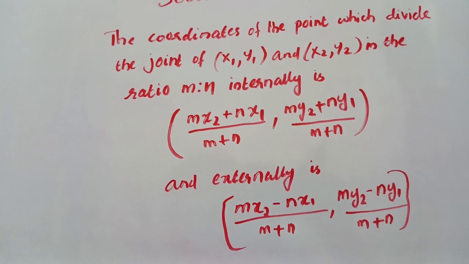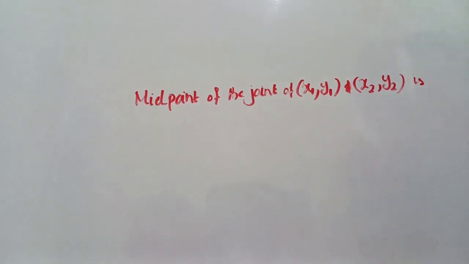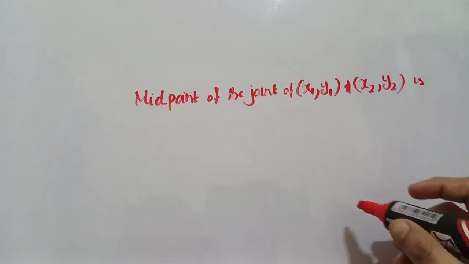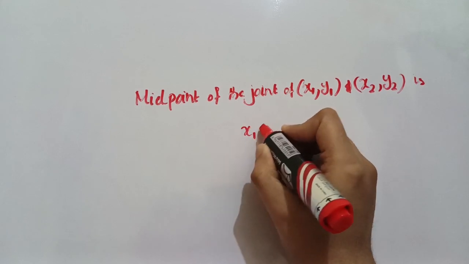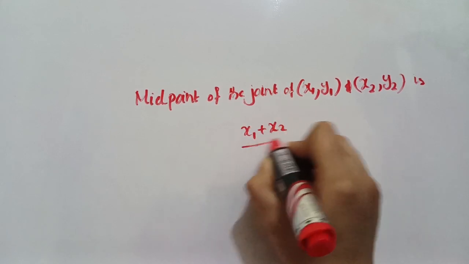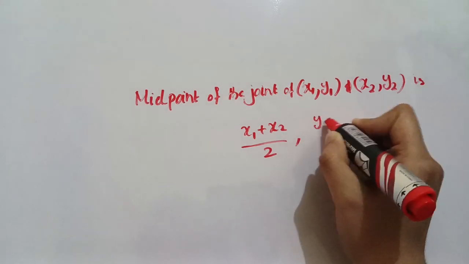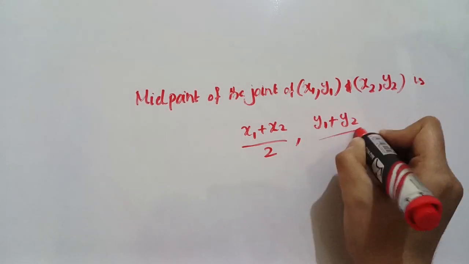Next, the midpoint of the join of (x1, y1) and (x2, y2) is given by (x1 plus x2) by 2, comma (y1 plus y2) by 2.